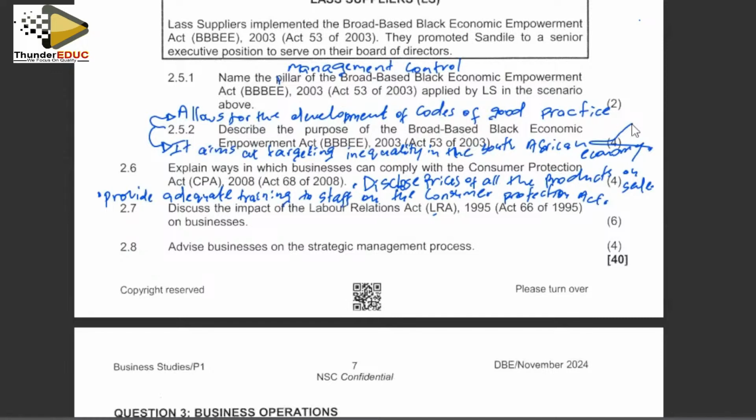Okay, right, grade 12. So now we're saying that one of the ways in which businesses can comply with the Consumer Protection Act is by disclosing prices of all the products on sale and also provide adequate training to staff on the Consumer Protection Act.